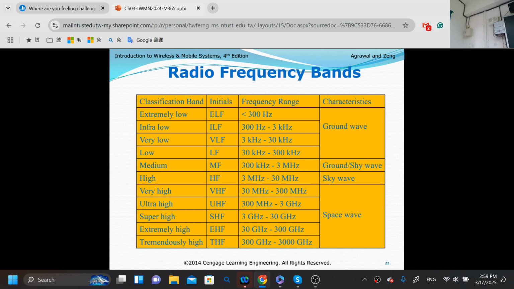For the middle one, actually, we have sky wave. So sky covers the two, but for the medium frequency band, we still have ground and sky wave. So these are the frequency bands, and the frequency bands suitable for ground wave transmission, sky wave transmission, and space wave transmission.